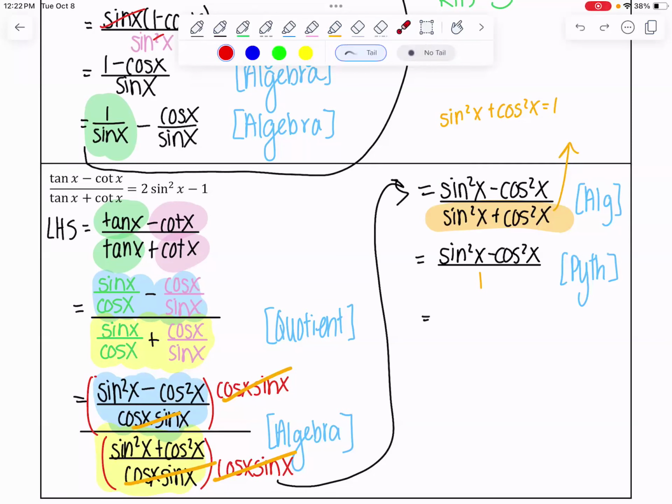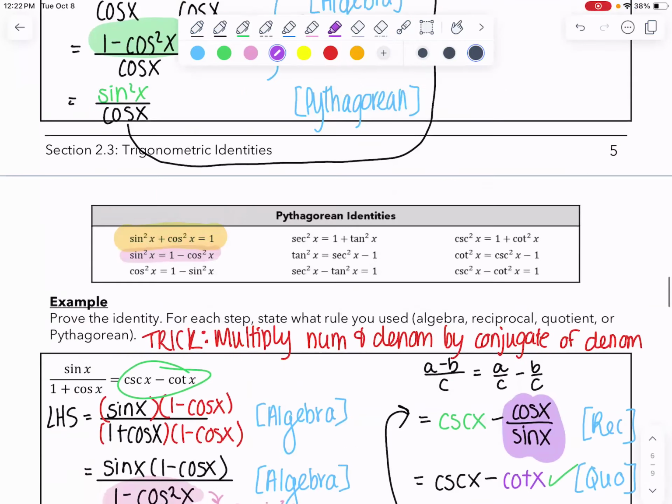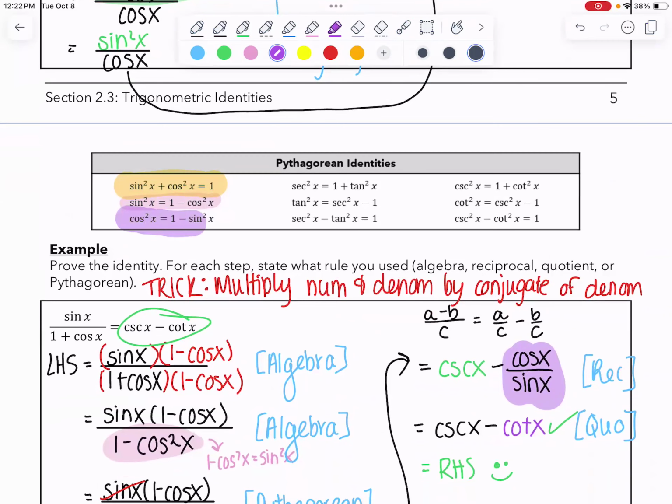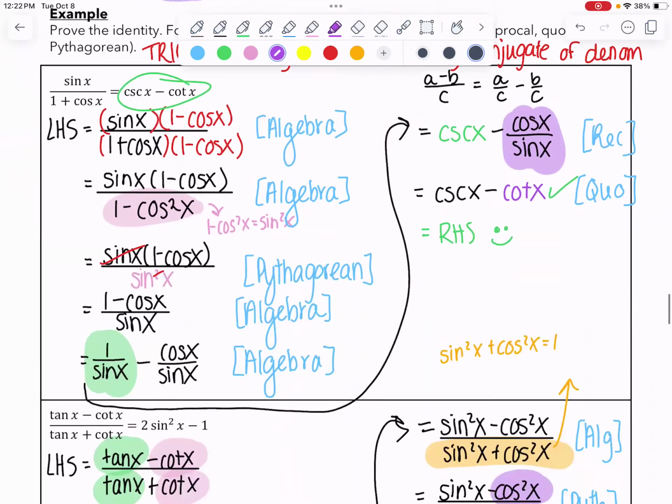We need it to be 2 sine squared x minus 1. So I'm down to sine squared x minus cosine squared x, but I need to do something more here. And I know I want sine squared, so I better work on converting this cosine squared into something more useful. If I look up here, I know that cosine squared x is equal to 1 minus sine squared x.